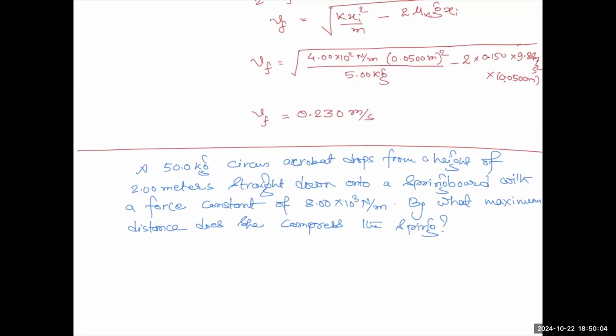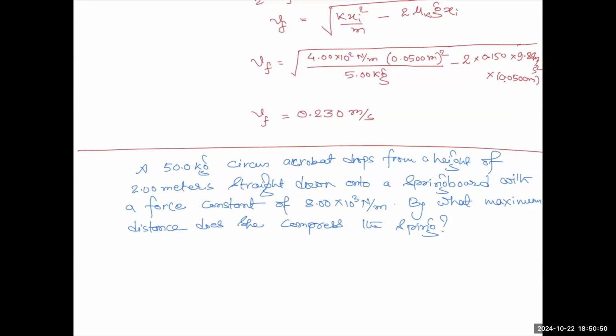I did 50.0 kilograms for her weight, multiplied by gravity, 9.8, and then multiplied by 2 meters. I don't know if this is the same equation, but it's the one I had in my notes. So I did plus 1/2 times 50 kilograms times 0 for the velocity squared. And that brought me to 980 joules.